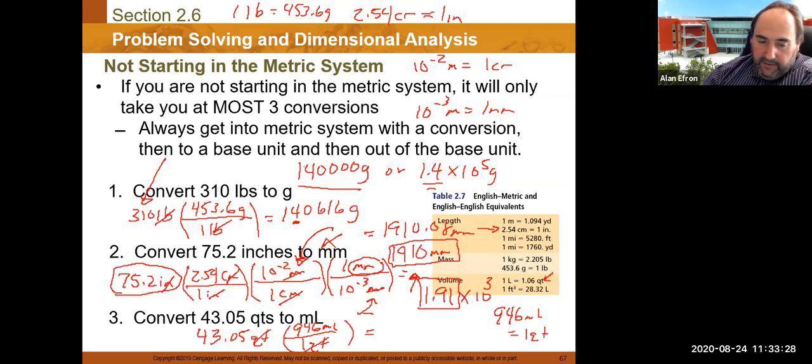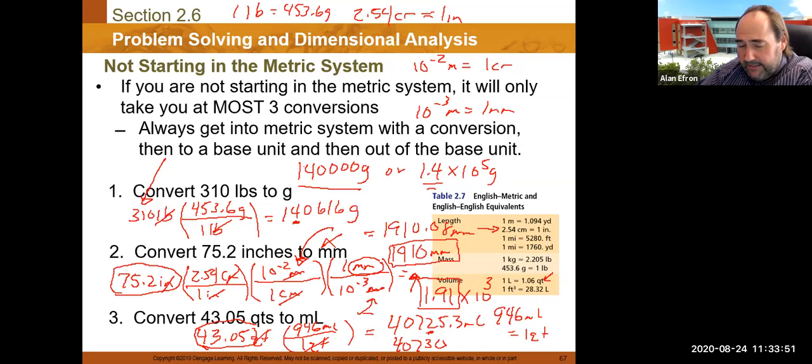We will get 43.05 times 946, again giving us a big number here of 40725.3 on our calculator. This has 4 significant figures. So that 4 significant figures would take us to here. So 407, we would round 3.